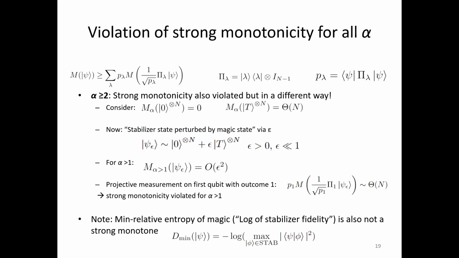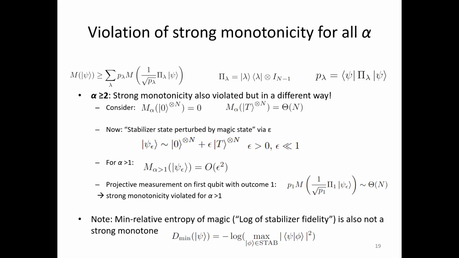But if we consider now a different set of states, then we consider the stabilizer state, the 0 state, and we consider the magic state, the T state. They have very different magic, right? The stabilizer state has 0 magic, the T state has a lot of magic, on the order of n, the number of qubits. Now we consider a perturbed state. So we have mostly a stabilizer state plus a small epsilon perturbation with a magic state, where epsilon is small.